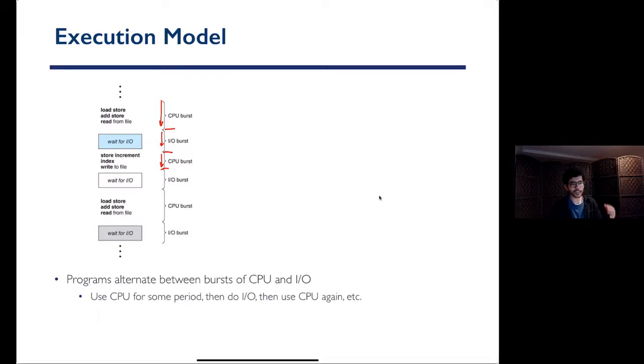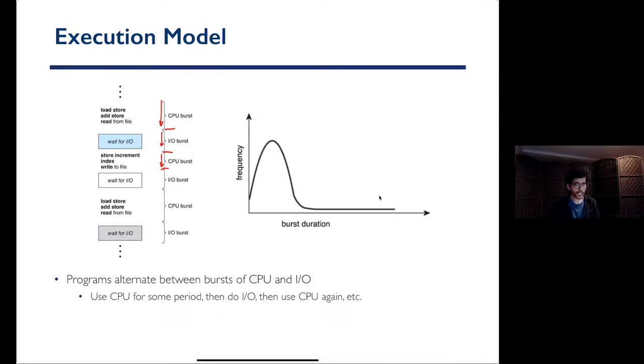So our tasks are going to have these CPU bursts, IO bursts, CPU burst, IO burst, again and again. If you look at a chart where on the x-axis you have the burst duration, how long it takes for each CPU burst, and how many of these bursts had that particular duration, then you usually get something like this. This is the graph that you get.